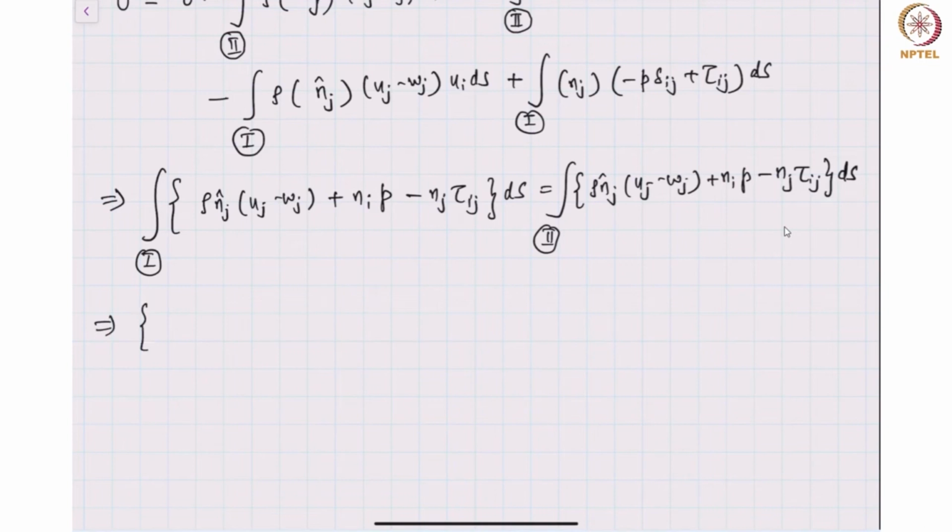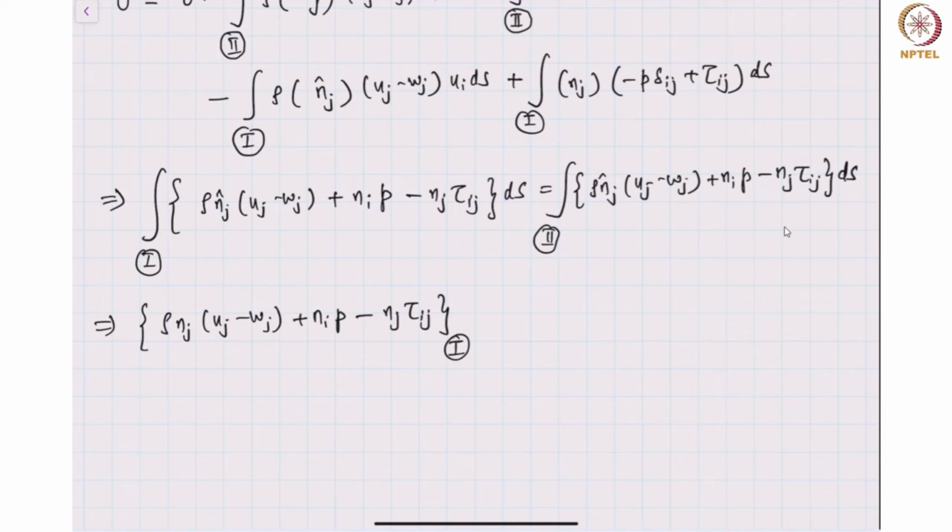Therefore I have rho Nj, Uj minus Wj, over region 1.